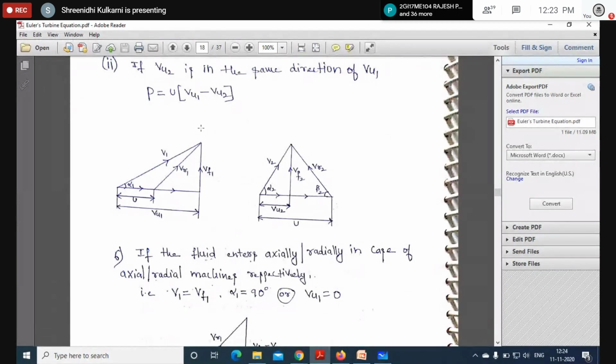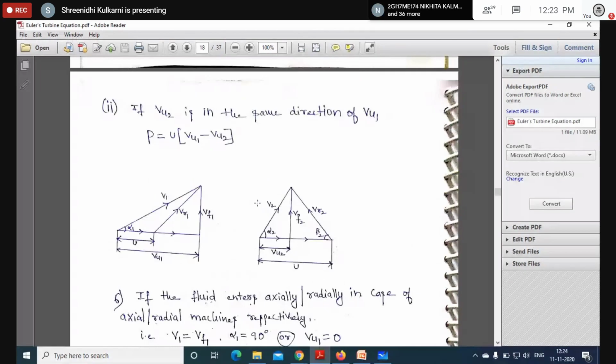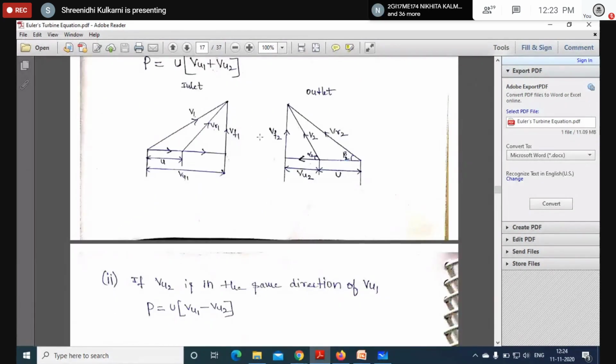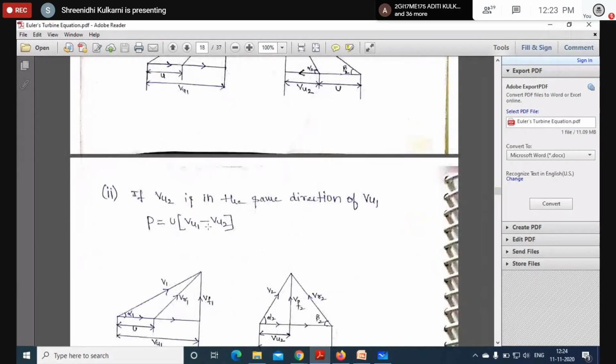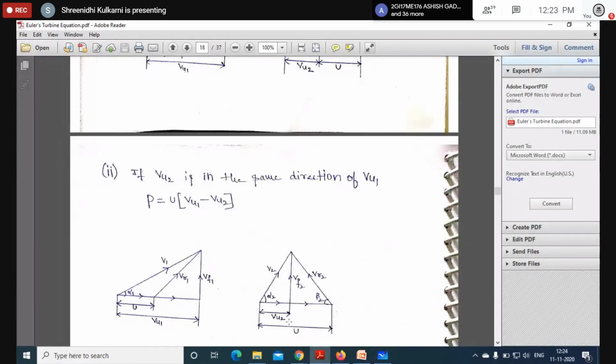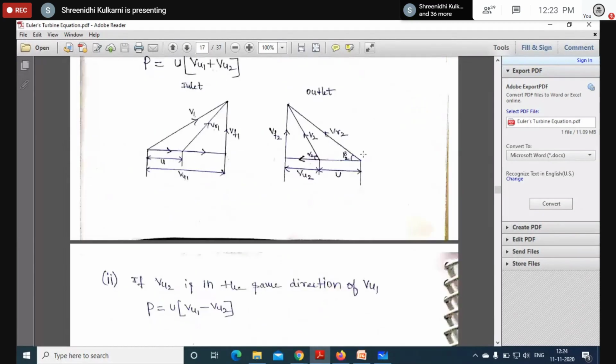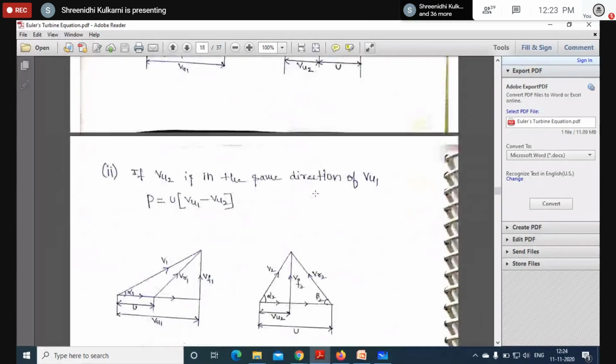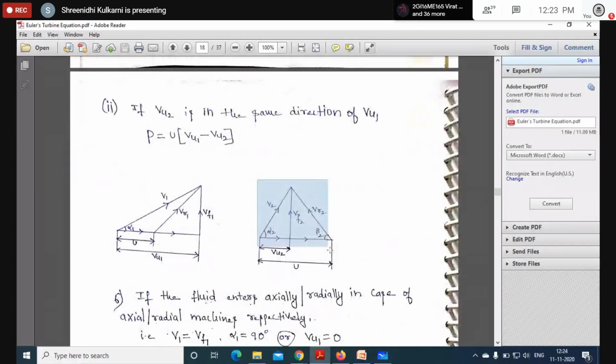If you have any doubt, I will explain once again if you want. This is the first condition, the general velocity triangle, where the power equation is VU1 plus VU2 into U. But here it is a negative sign. Why? While solving the problem, suppose we get VU2 as a negative sign, then we later have to modify this velocity triangle.